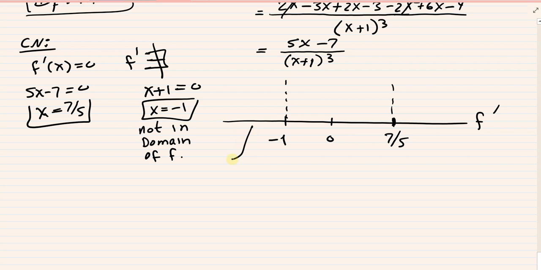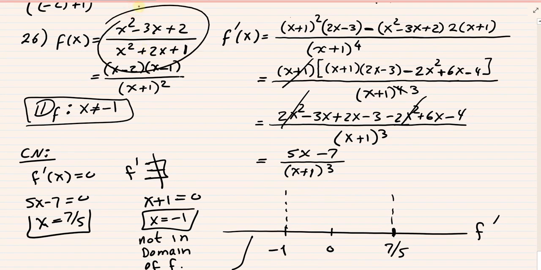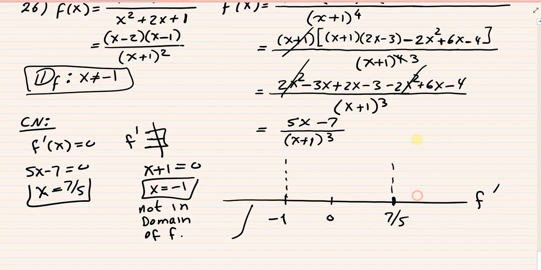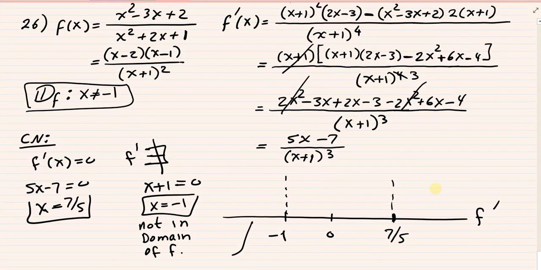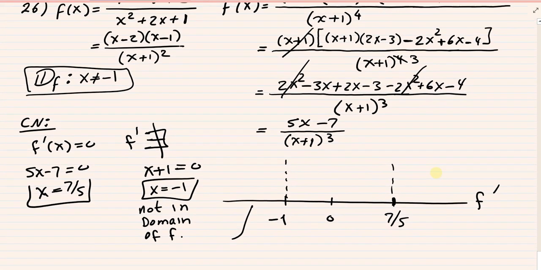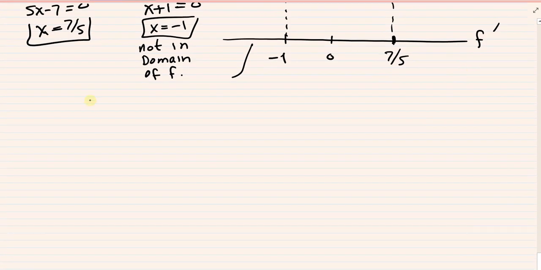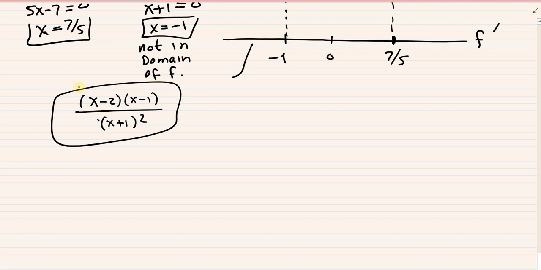I'm going to pick, and remember the function was, this is our function. And I'm looking at the factored form: x minus 2, x minus 1, x plus 1 squared. This is where I'm going to substitute my test points.